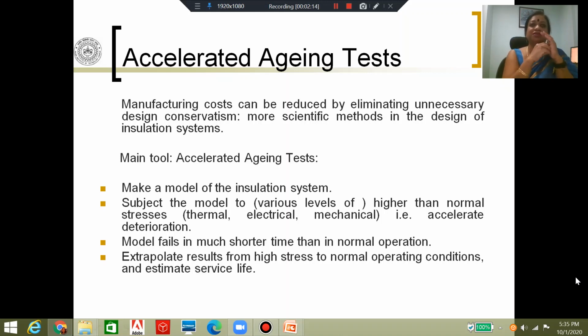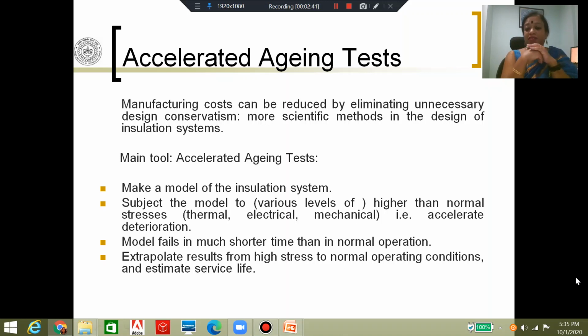So what you do is, instead of operating the insulating system at 200 degrees centigrade, you operate at higher levels, maybe 500, maybe 700. Of course, it can't be any which number. You operate it at a particular elevated level, so you stress it more than it is likely to be stressed under normal conditions, which means the deterioration will be speeded up, will be accelerated.